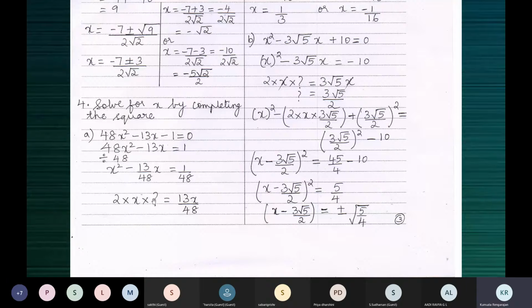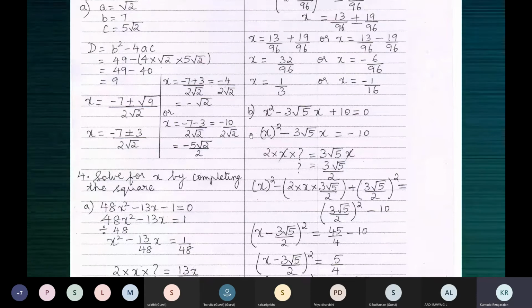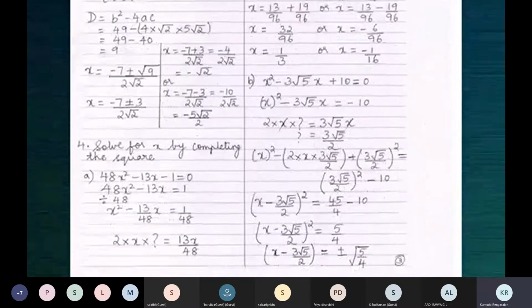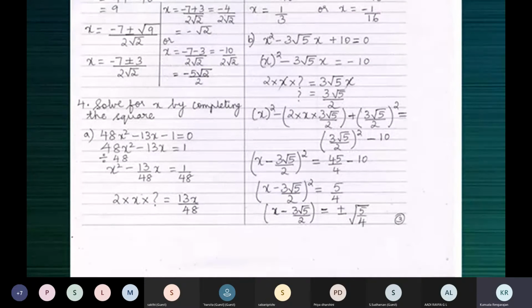This also we understood yesterday. How to solve for x by completing the square. So basically solving a quadratic equation, meaning solving for x, by factorization is one method. Here, solving for x by completing the square. This again we understood two sums yesterday, A and, yeah, we finished B also. So this is what we learned yesterday.